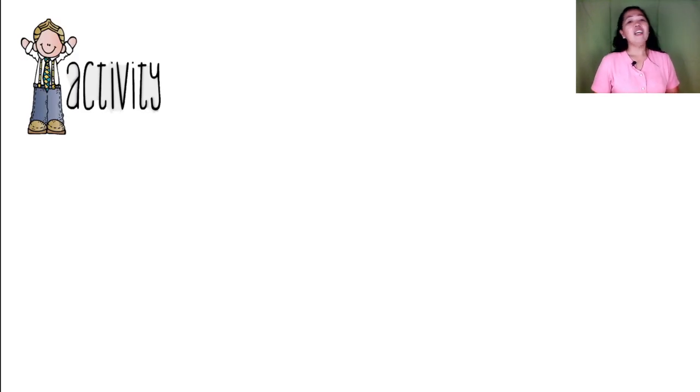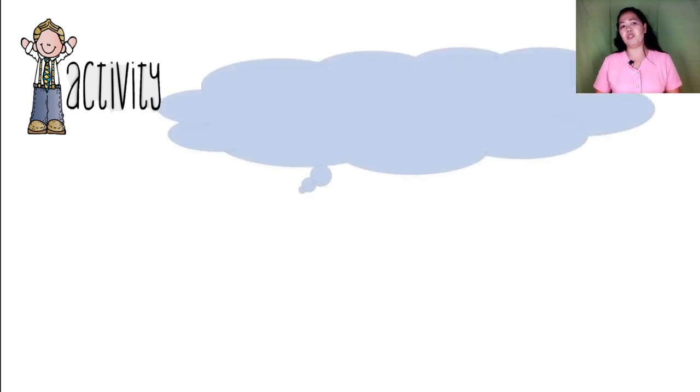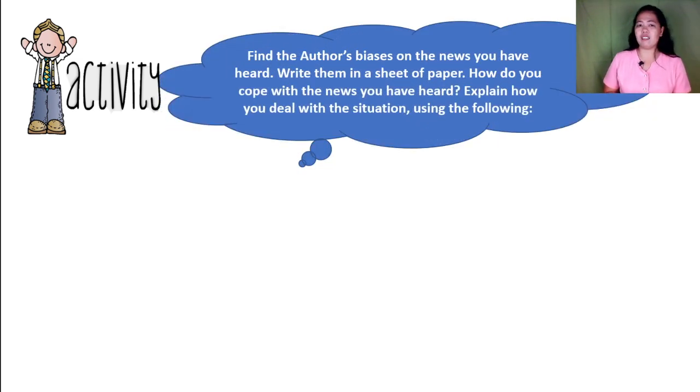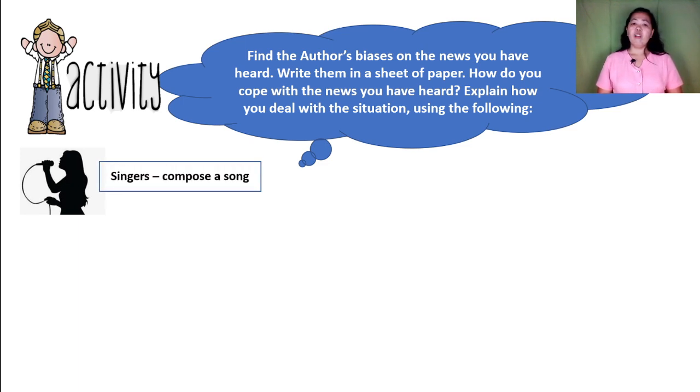And yes, we're almost done with our today's lesson. And in this time of pandemic, we can hear different kinds of news. And for your last activity, find the author's biases on the news you have heard. Write them in a sheet of paper. How do you cope with the news you have heard? Explain how you deal with the situation using the following. For singers, compose a song.